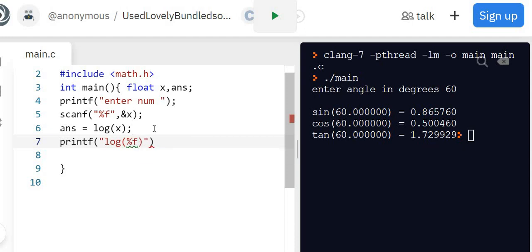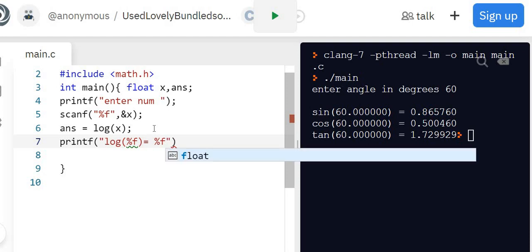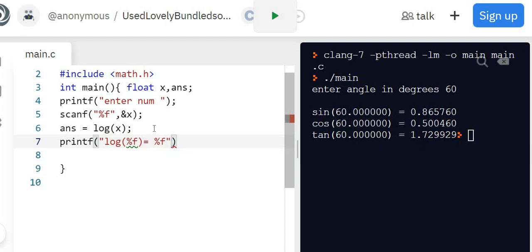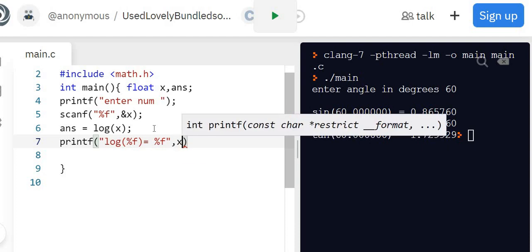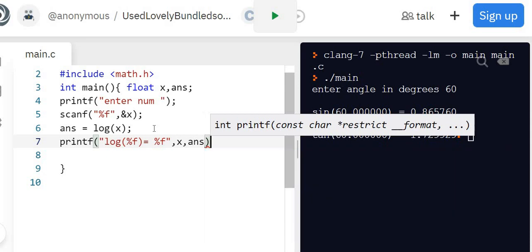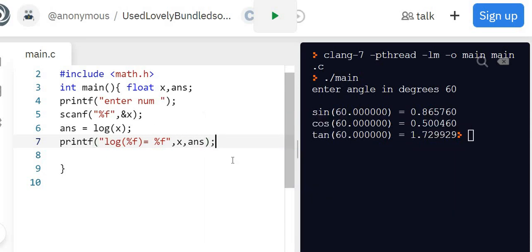This is for x is equal to %f. This is the actual value of log. So here we will provide x as well as answer, both. So let's run this. Some of the logs we may remember, so we can check them. This log is log to the base e. If you want log to the base 10, then you must give log10 here.